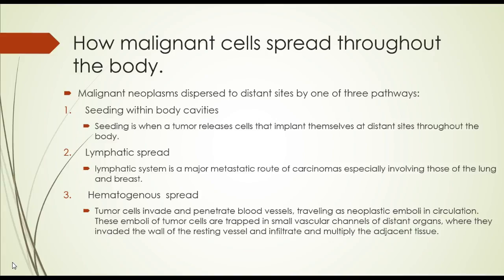That's often the case with breast cancer and lung cancer. The third way is hematogenous spread, in which tumor cells use the blood vasculature to travel to different areas of the body, where they stop in the vasculature, penetrate the wall of the vessel, and then infiltrate that organ or site. So those are the 3 ways that it spreads.